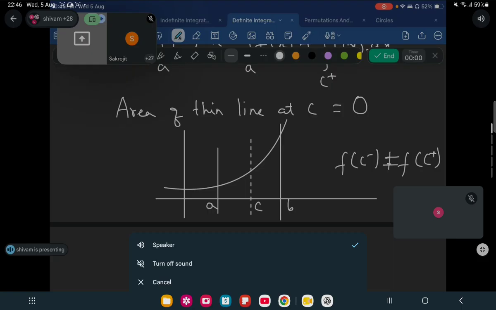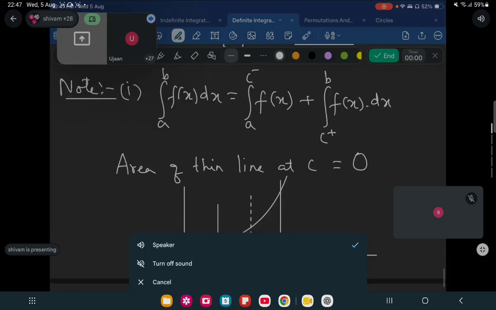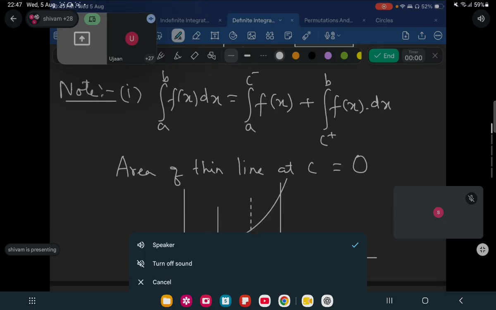That is why you break the interval from a to c minus and then from c plus to b. Ujan asks what c minus or c plus as the upper or lower bound means, and how we put the value. We take the left hand limit and the right hand limit.